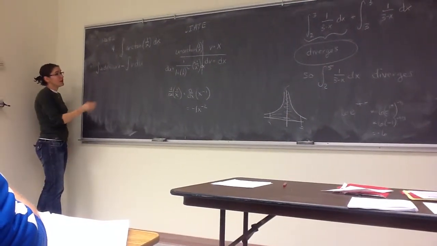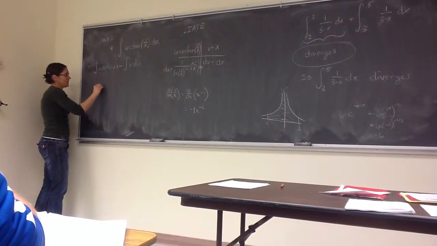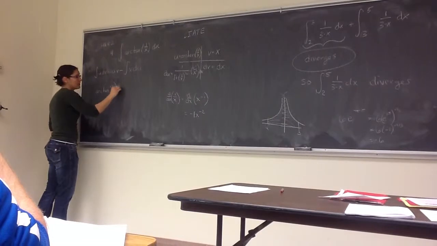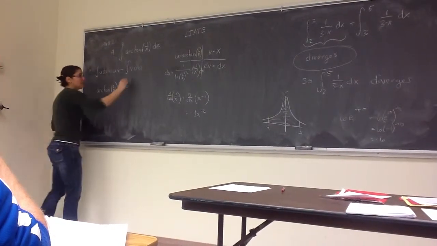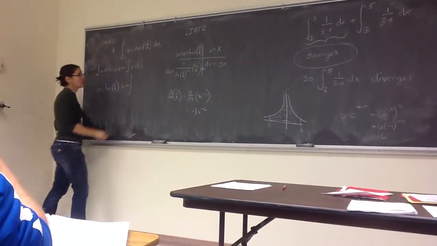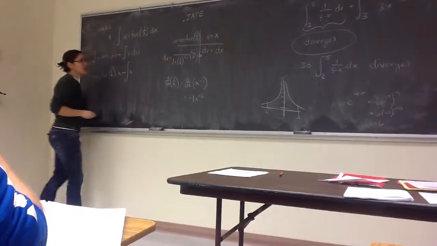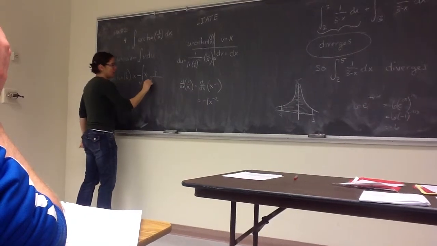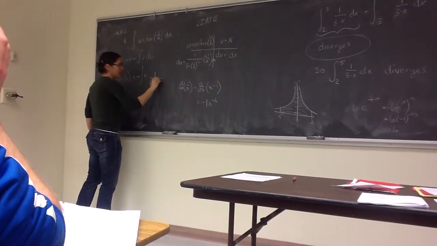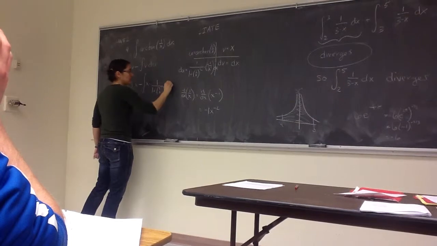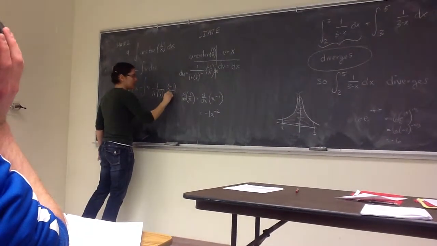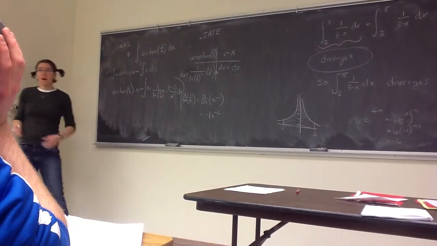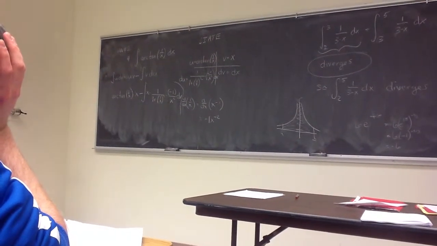And so in our case, our u is arctangent, so we have arctangent of 1 over x times the v, which is x, minus the integral of v, which is an x, times du, which is kind of ugly here, 1 over 1 plus 1 over x squared times negative 1 over x squared dx. So there's an awful lot going on with this integral here.